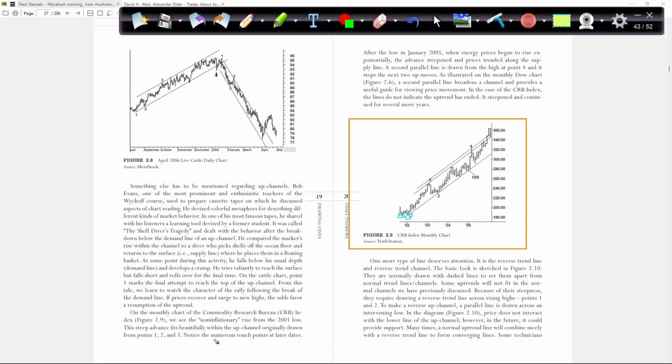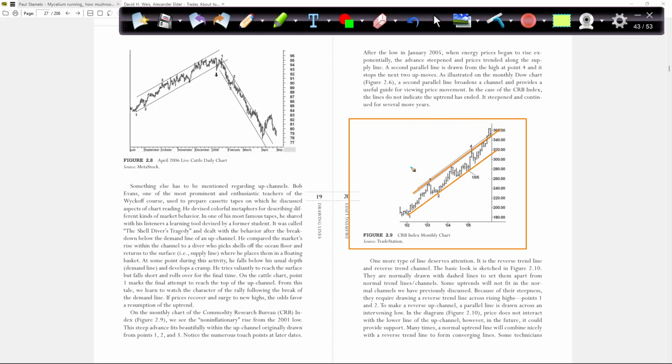Notice the numerous touch points at later dates. So what we do is draw a channel with these points 1, 2 and 3, combining these three points, and then parallel to this angle of advance, draw, okay, point 3.